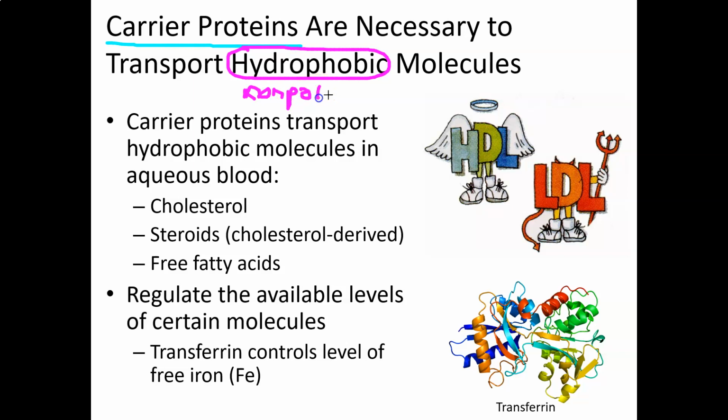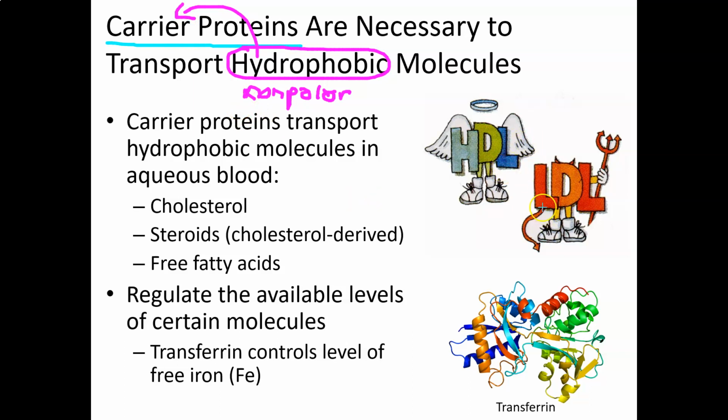So if we have these non-polar molecules that don't dissolve in water, they would cause problems with blood flow. So the idea is that the hydrophobic molecules, these lipid-soluble non-polar molecules, have carriers that allow them to be soluble in the blood.